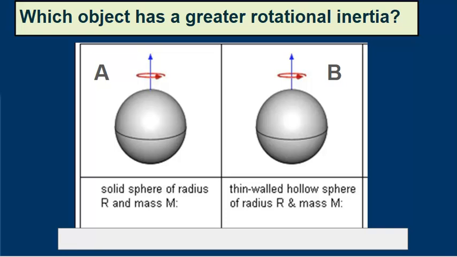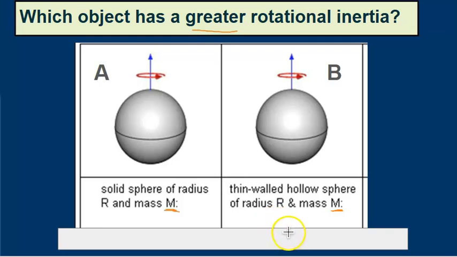So pretend like B is like a basketball or a ping pong ball, but they have to have the same mass. So clearly, if this were a super ball and this were a ping pong ball, it would be more dense. You know, the wall would be really thick. Okay, so we can't change the variable m because clearly that would just bring more inertia. We're just changing the mass distribution. So which has a greater rotational inertia?